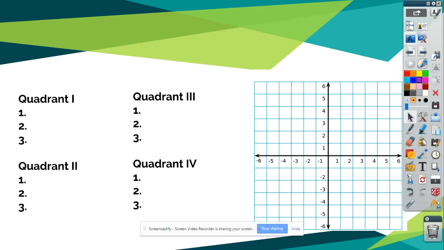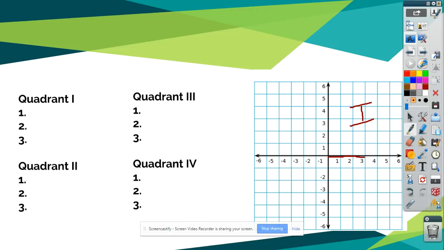So quadrant 1, all right? I could put that I know to be in quadrant 1, which is right here. For quadrant 1, I have to go to the right, positive. So let's just do +3. So I'm going to go over to +3, but I'm not in quadrant 1 yet. I have to go up.